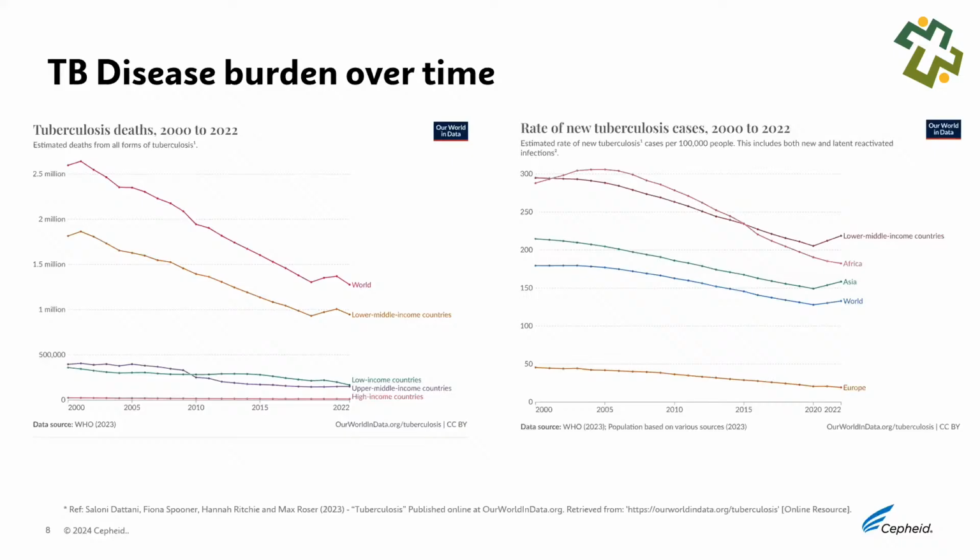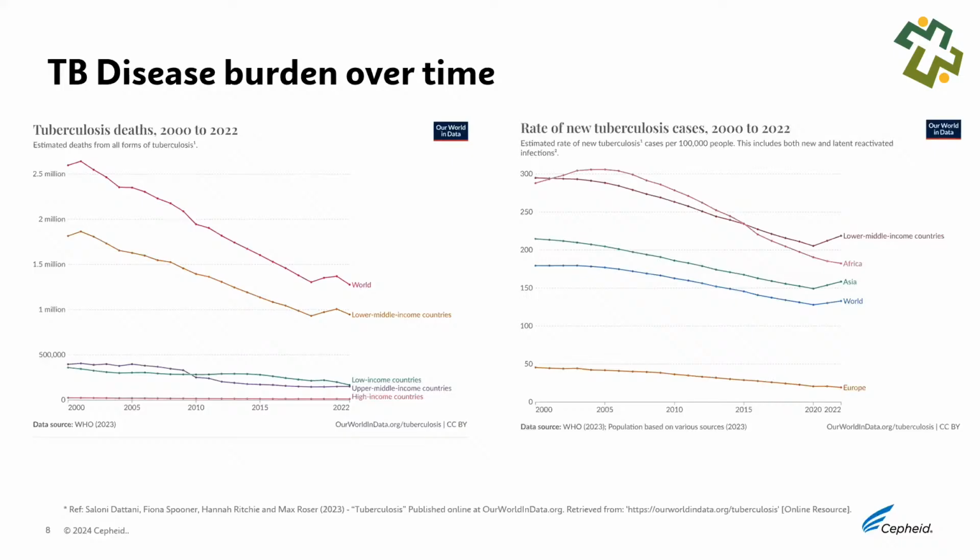So we are looking at the TB disease over time. In this slide, we can see that from the year 2000 to 2022, global TB deaths declined from nearly 2.5 million to under 1.5 million. So there is a significant decline of these TB deaths, while the new TB case rates also dropped across these regions, with Africa and lower middle income countries still continuing to carry the highest burden.